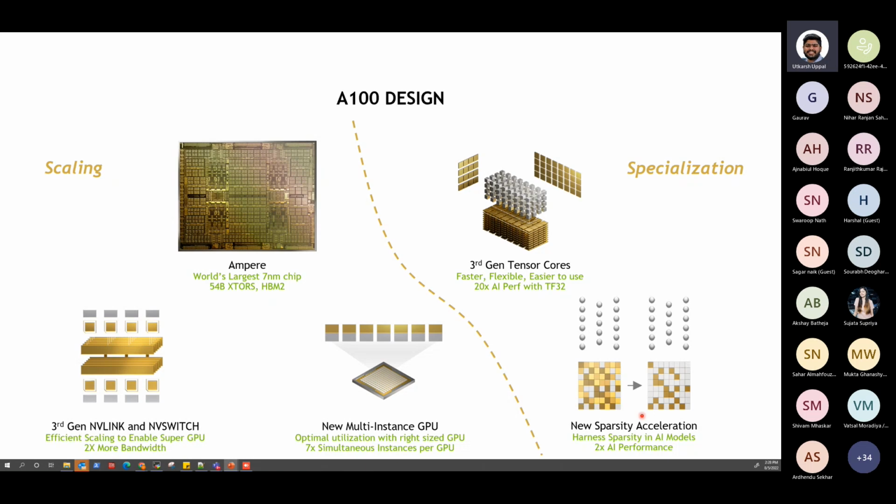Again, this is a hardware level acceleration, and the advantage is acceleration, accuracy, and workflow enablement and efficiency. With that, we observed about 2x performance gain with the sparsity acceleration. In a nutshell, these are all the features in the A100.